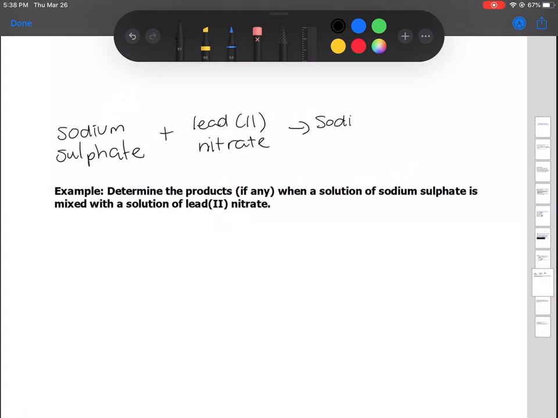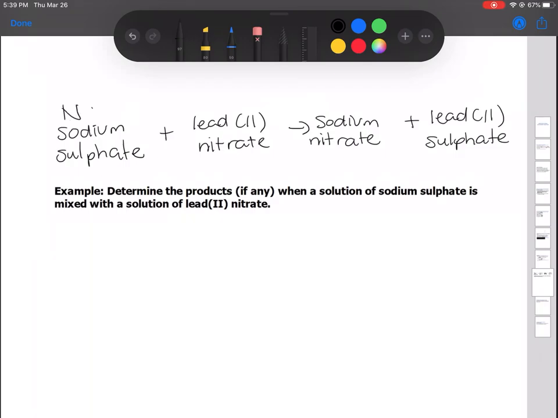So now you're going to do sodium with nitrate, and lead 2 with sulfate. It's up to you if you choose to do the word equation, or if you can see it in your head, if you want to check which one's going to be the solid now or after, based on the formula, because the solubility chart sometimes has the symbol in it. It's really up to you.